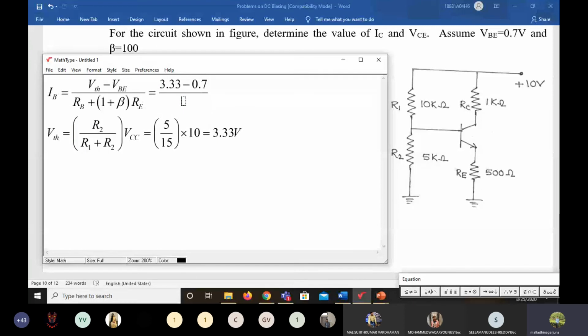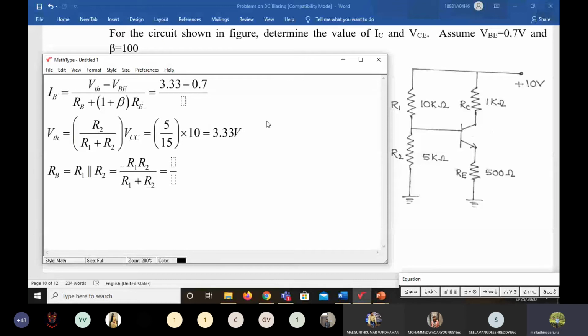Again we have to calculate RB. RB equal to R1 parallel to R2, that is equal to R1 into R2 divided by R1 plus R2.